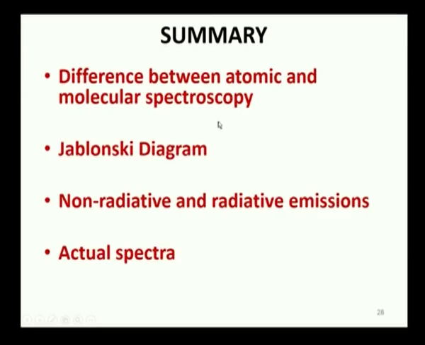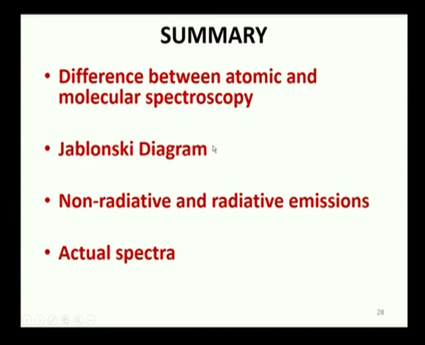So, let me summarize this lecture. With this lecture, you should know what the different energy levels in atoms and molecules are. Therefore, you should know the difference between atomic and molecular spectroscopy.